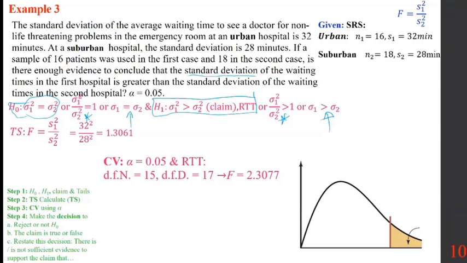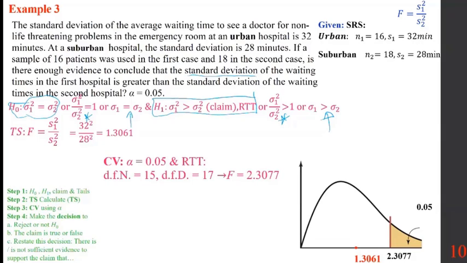So looking up the table results in the following. So this is 0.05 and this is 2.3077. So where is the test statistic compared to this number? It's somewhere in the non-rejection region.